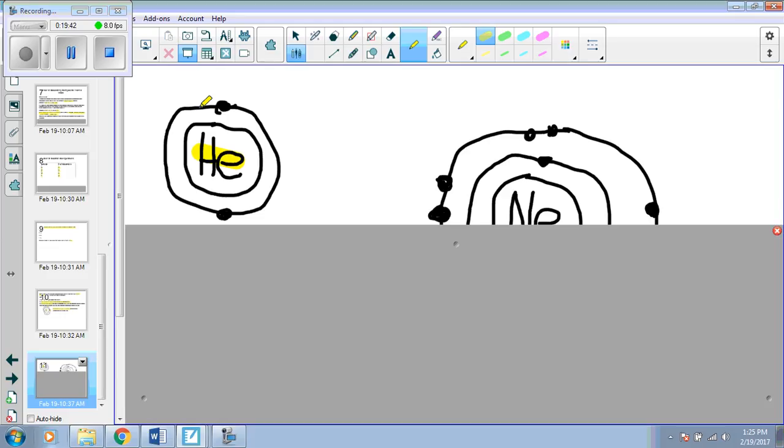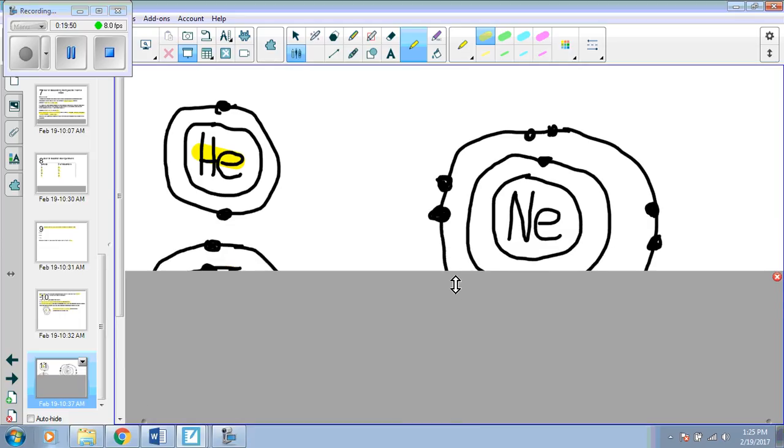And again, I start off with this s orbital. S can hold 2. Helium has 2 electrons. With that being said, am I going to need another orbital? No. Not at this point, because now I have helium, which is satisfied with just 2 electrons.